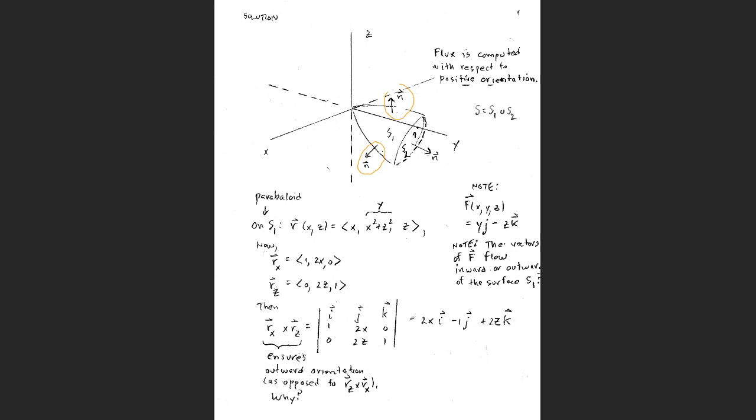And that means then, the normal vectors, I want to be careful here. The cross product vectors, r sub x cross r sub z, always have a j component that is negative.